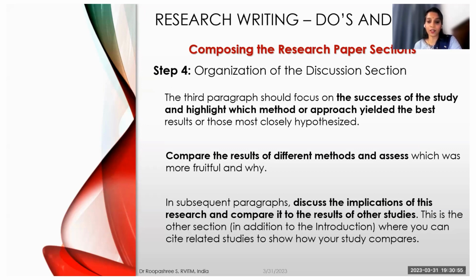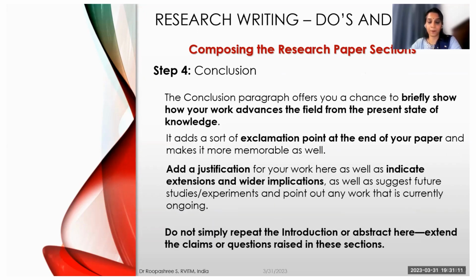In subsequent paragraphs, discuss the implications of this research and compare it to the results of other studies. This is the other section where you can cite the related studies to show how your study compares. The last one is the conclusion section. The conclusion paragraph offers you a chance to briefly show how the work advances the field from the present state of knowledge.